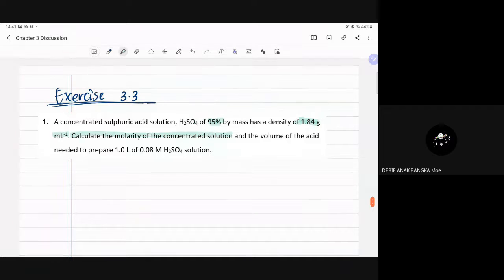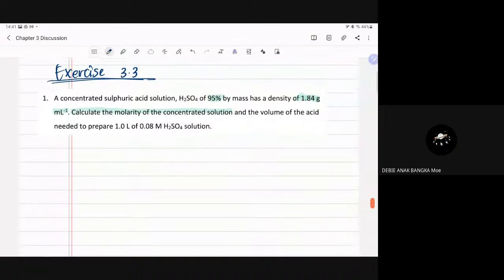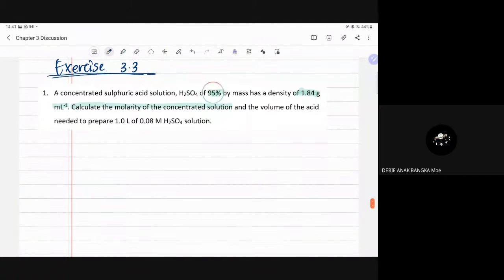Yes, 95%. So now what we can do is, we know this percentage is always 95%. If we have 1 gram of this acid solution, we have 0.95 gram of H2SO4.